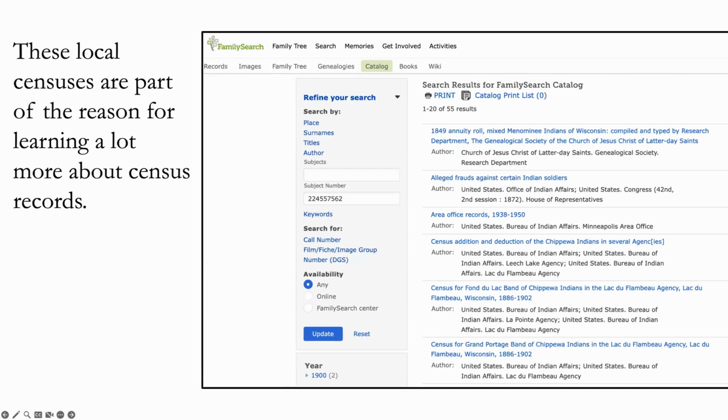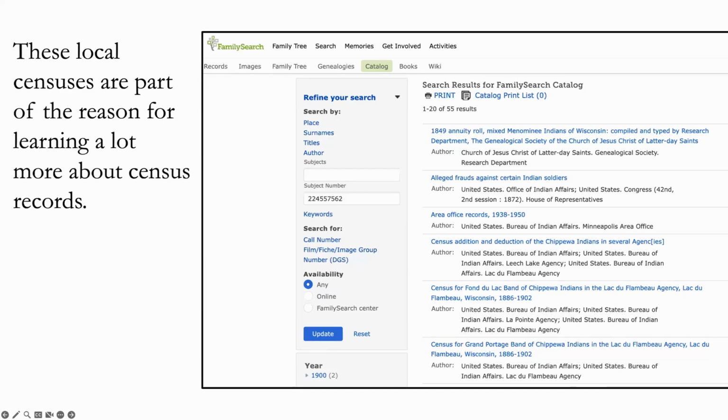But basically, when I looked at the subject of the censuses of the Chippewa, I found there's a lot more information. There's information about other tribes. There are different bands of the Chippewa.